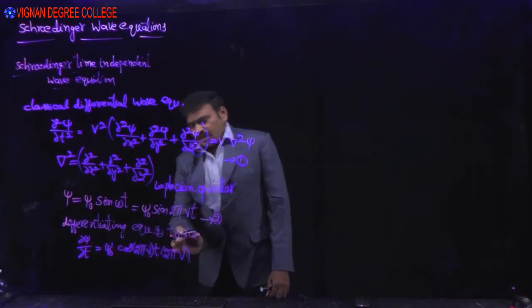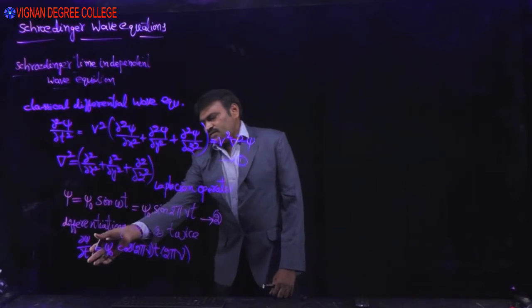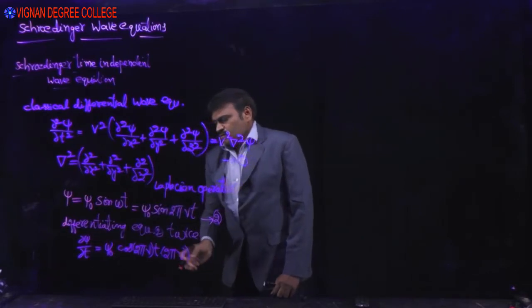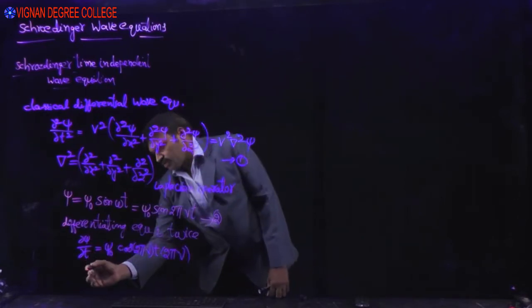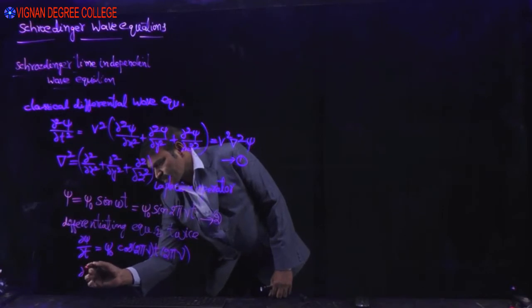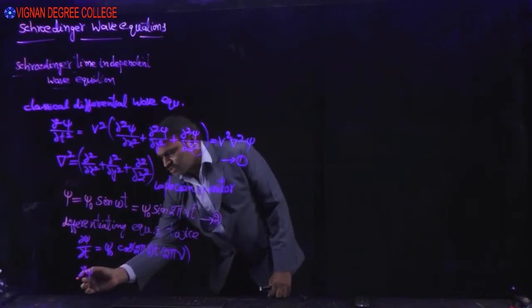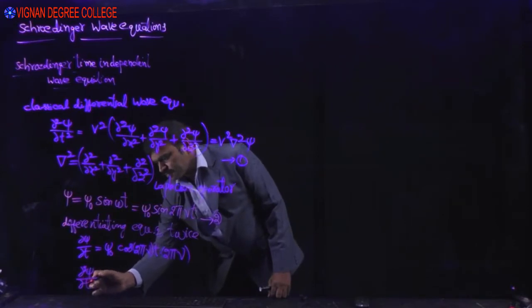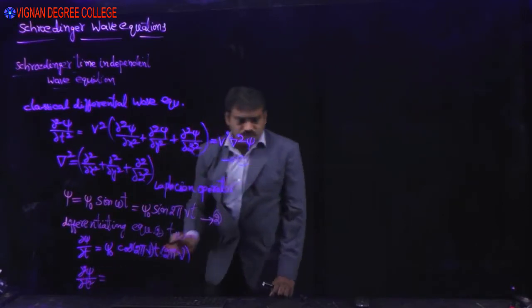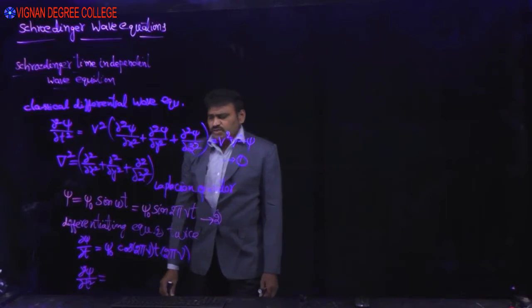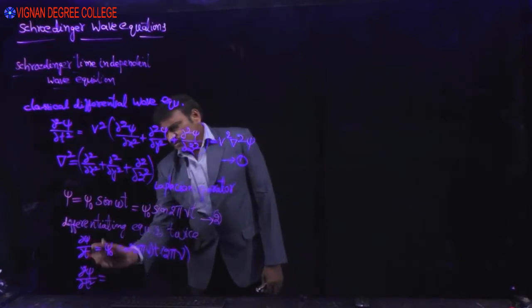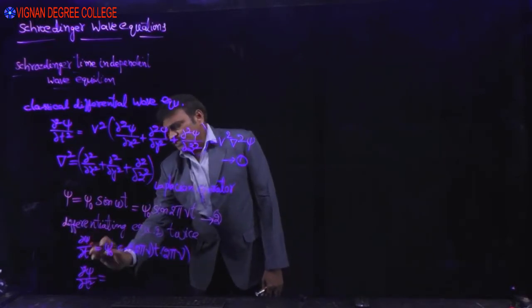Now again we differentiate this. dou square psi by dou t square is equal to dou by dou t of dou psi by dou t.